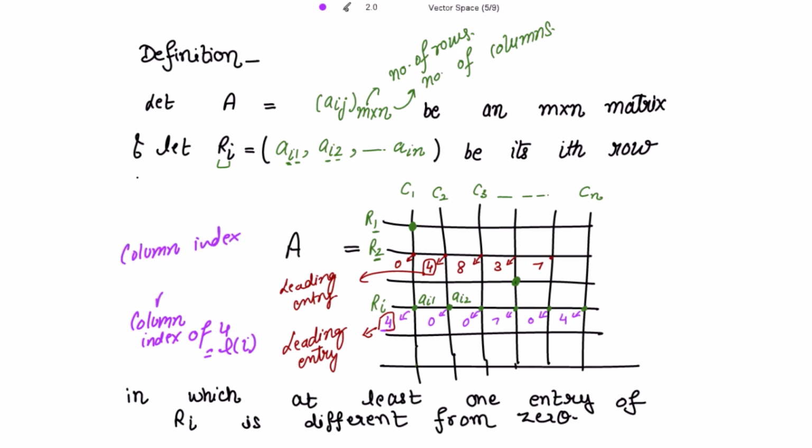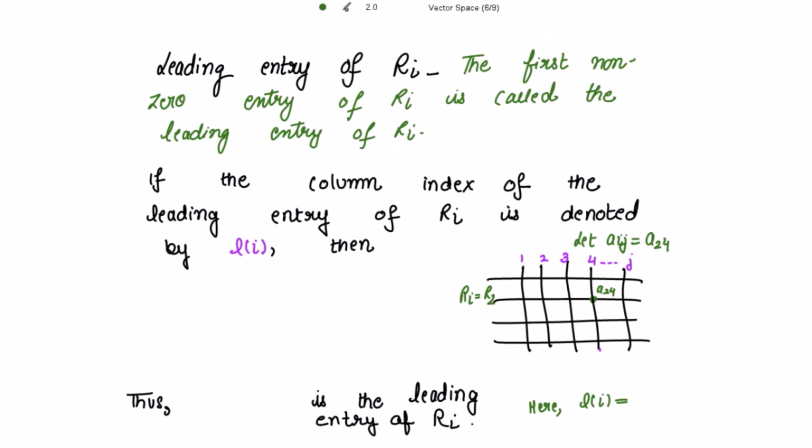This is for the ith row. And the column index for the R2 row is L2, right? Because it is denoted by i. So for the ith row, the column index is Li. For the second row, the column index is L2.